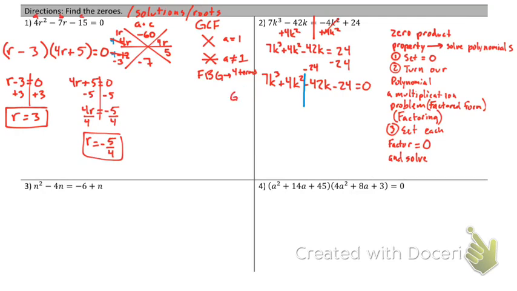So our GCF for this guy is k to the second. All right, so we're going to divide by k to the second. And the answer to that is going to give me 7k plus 4. That goes in parentheses. Our GCF goes out front.